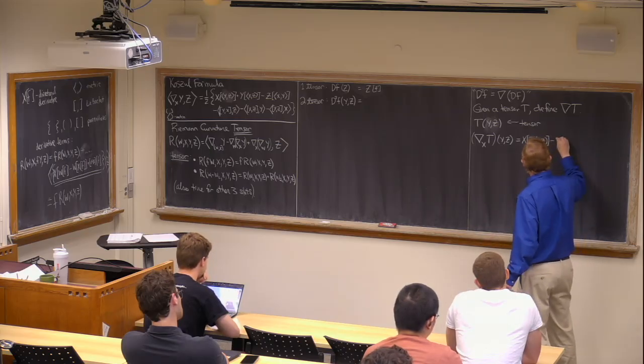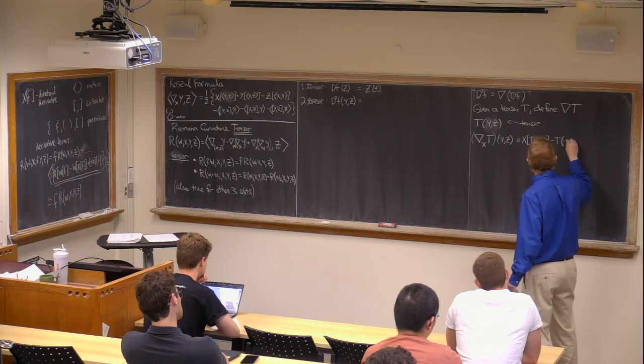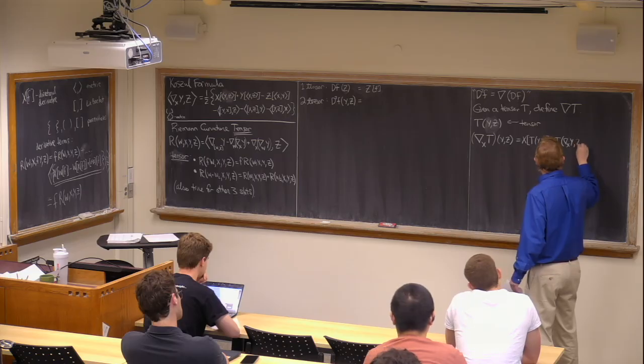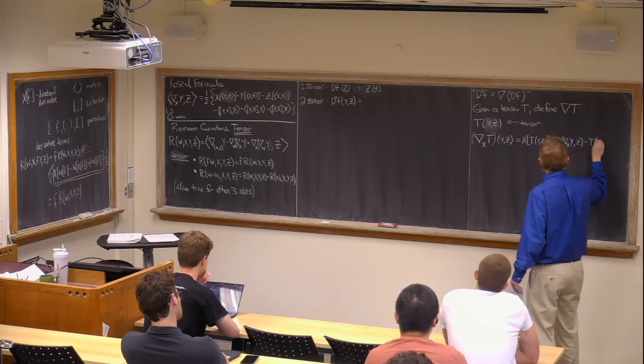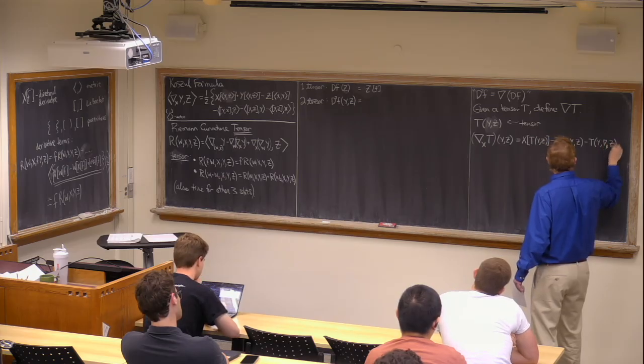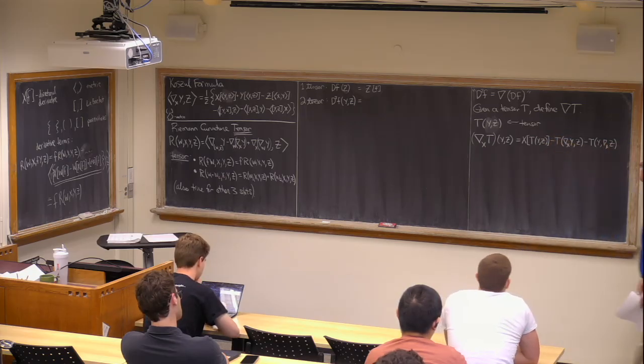So I'm like, you know what? Subtract off those derivatives. So minus t of, and then take the derivative in the direction of x of y, and then minus t of y, covariant derivative of z in the direction of x as well. I hope this seems reasonably natural to you.